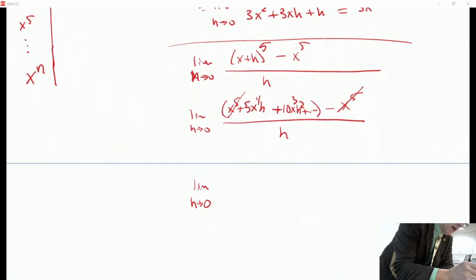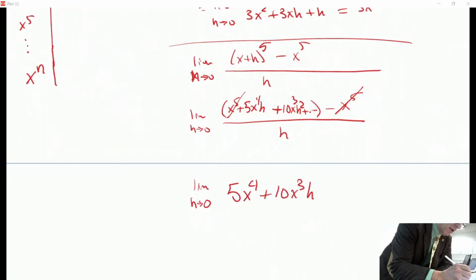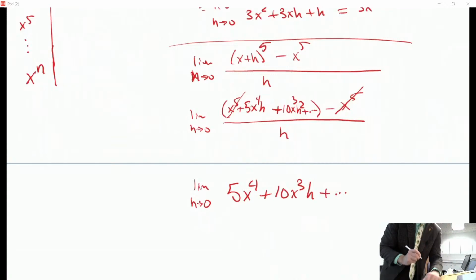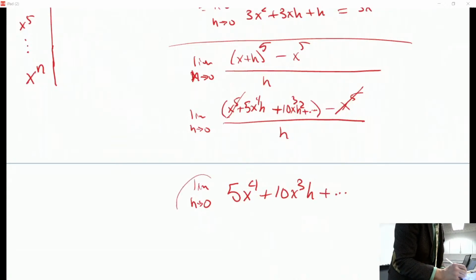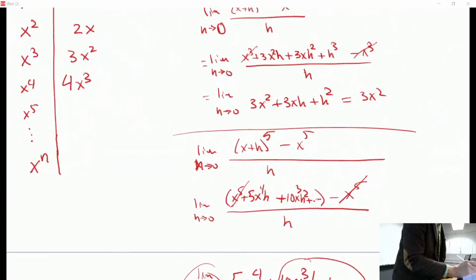After canceling the x to the 5ths and also factoring out an h, you end up with 5x to the 4th plus 10x cubed h plus a bunch of other stuff that has a bunch of h's in it. And this limit as h approaches 0 is going to make all of that be 0. And all you're left with is 5x to the 4th.